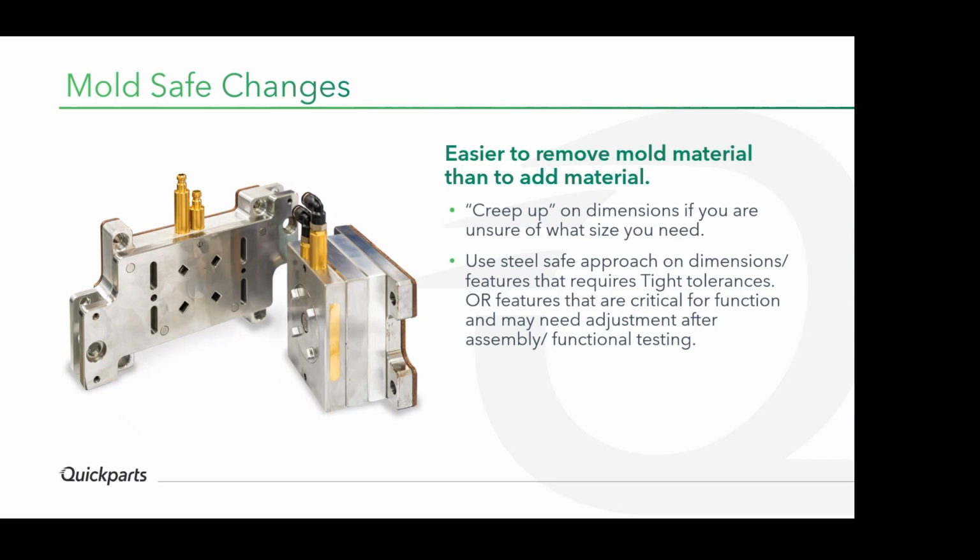But identify those features upfront on your 2D drawing so that the tool maker can keep some steel there, some stock that can be removed after the tool trial is done and samples are sent, and you assemble the samples and figure out how much adjustment is needed. That way you can do the adjustment quickly without having to weld steel, which is difficult. There's more time, more money, and it doesn't look good.